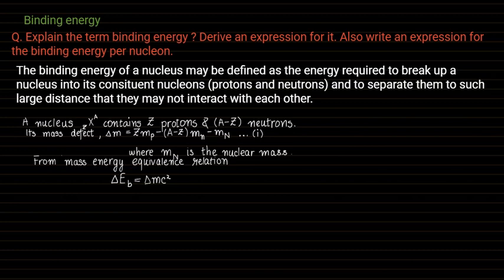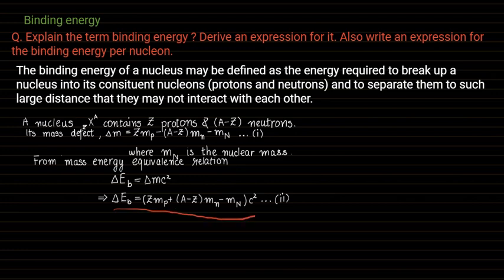Clear? So here I can substitute this value of mass defect. This is the expression of my mass defect. I can substitute this expression here. So if I substitute the mass defect formula here, the binding energy can be written as [Z Mp plus (A minus Z) Mn minus the nuclear mass M_N], whole thing multiplied with c square.